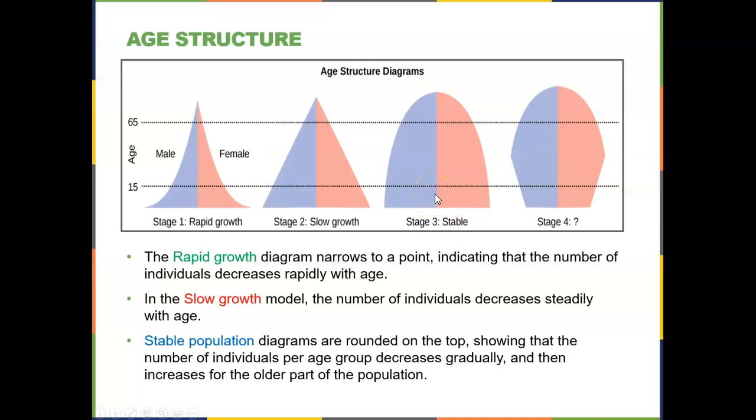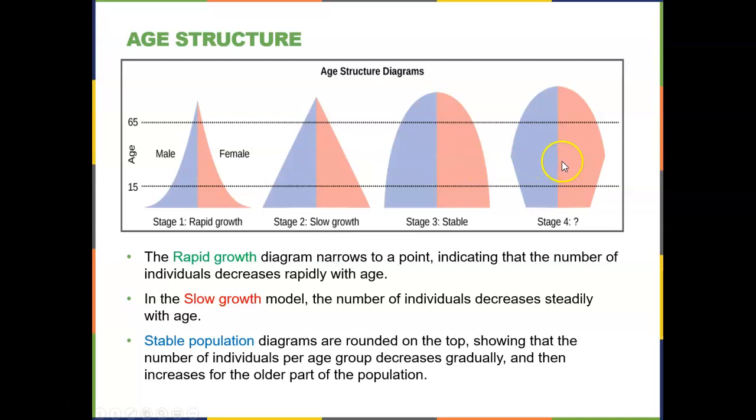We see this in developed countries that have a decrease in population growth. We're still seeing a number of younger people, but the number of older people is approaching the same as in middle ages and the younger ages. We see this a lot in Europe, in countries that have decreasing population growth.